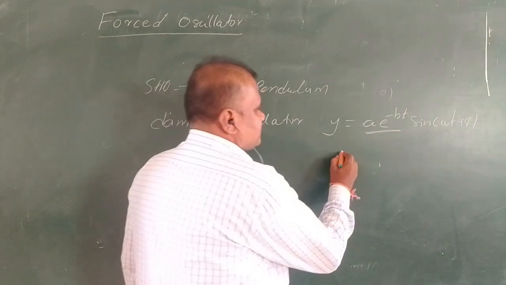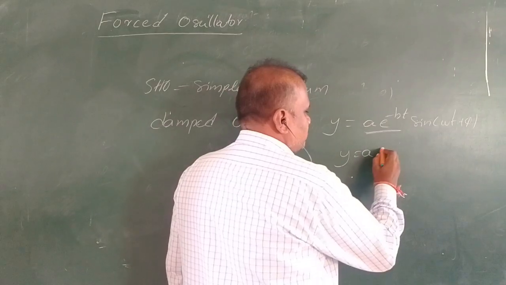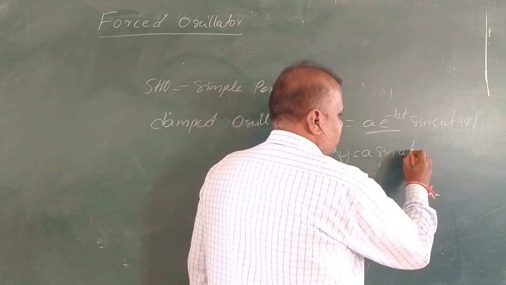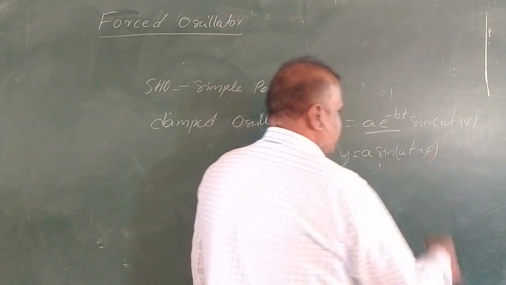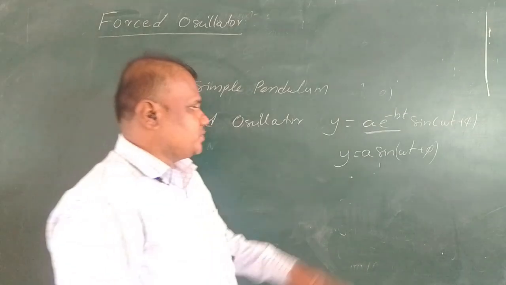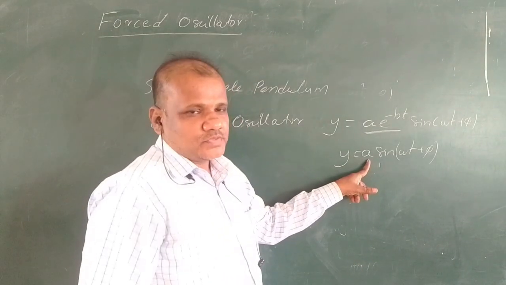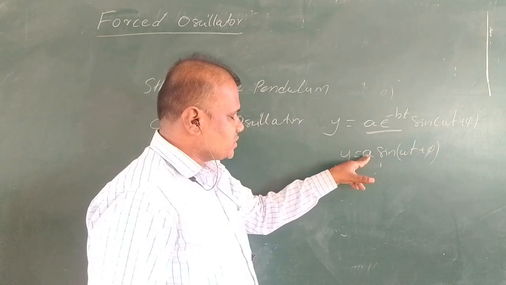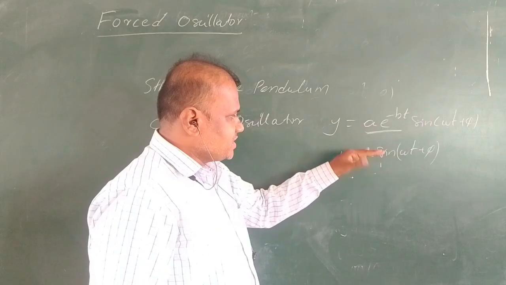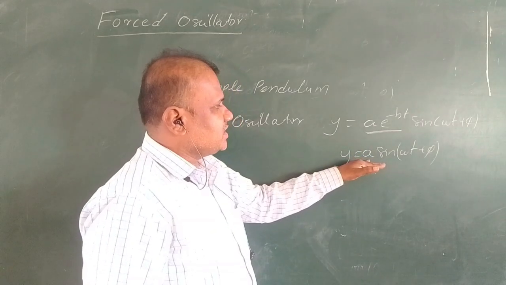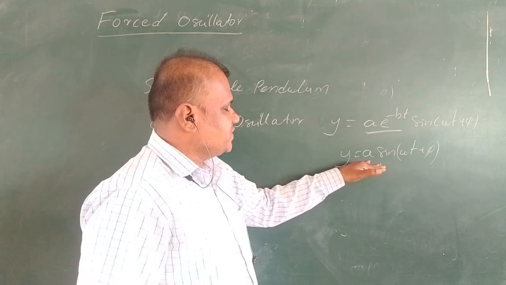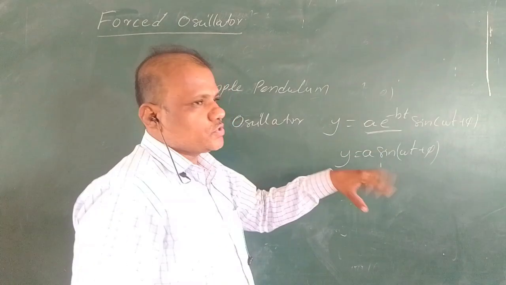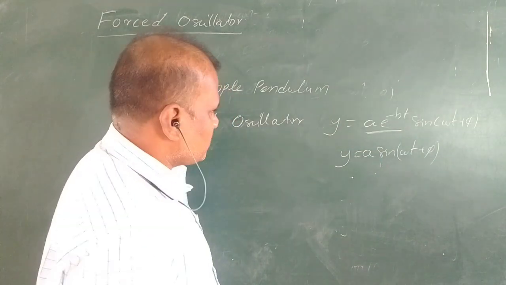Whereas in case of a simple harmonic oscillator, the equation of motion is given by y equal to a sine(omega t plus phi), where a is the amplitude, which does not depend on time. So in simple harmonic motion the amplitude remains constant, but because of friction of the air medium the amplitude slowly decreases. That is called a damped oscillator.